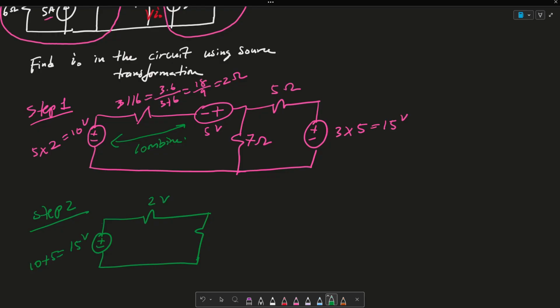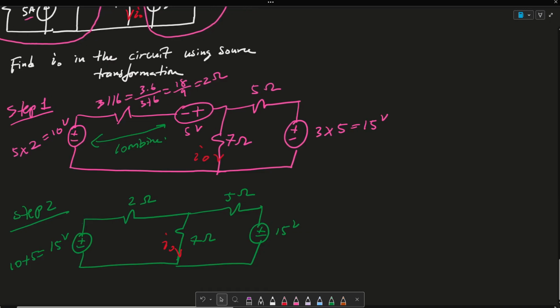So 2 ohms, 7 ohms, 5 ohms, and 15 volts. Again, this is the current I'm trying to find, IO. Okay. So again, as you can see, step 2 wasn't that complicated. But here we go with step 3 now.